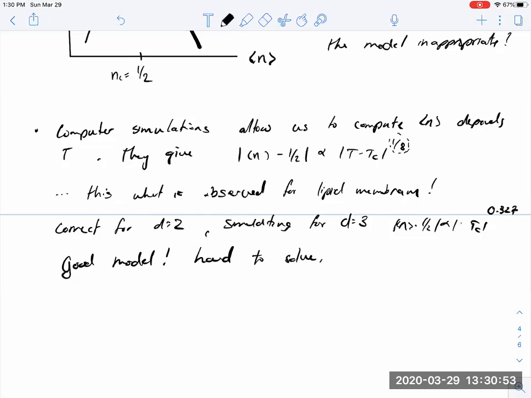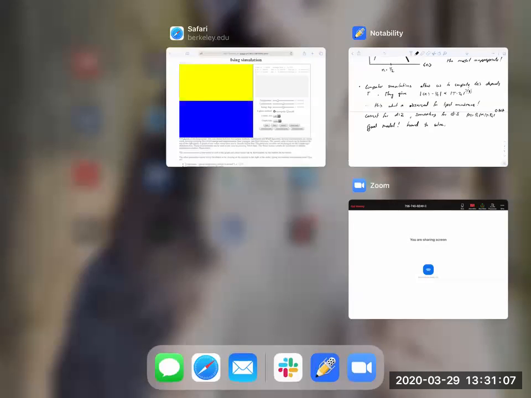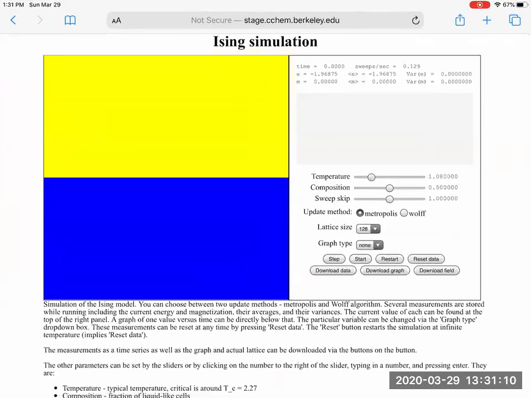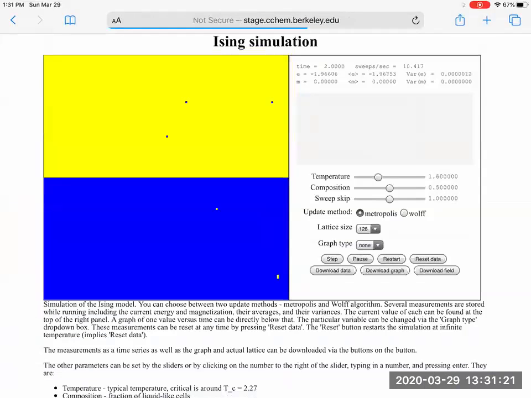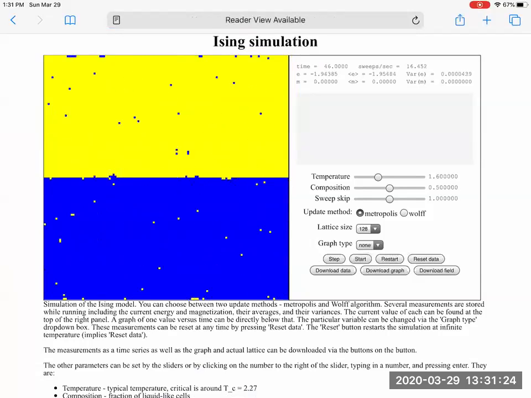So I've written a computer simulation to study this lattice gas, for t less than tc, and I've posted it to the web, on a website that you can go to yourself and play with. What I'm showing you here is blue, which are locally liquid-like regions, and yellow, locally vapor-like regions. Gotta have some Cal pride.